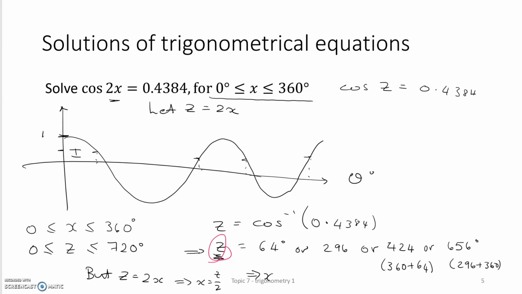So we have to divide all of those by 2, so we've got 32, 148, 212, 328. And if we check, all of those will be true. They will all give us the cos of 2 times each of those will give us 0.43884.